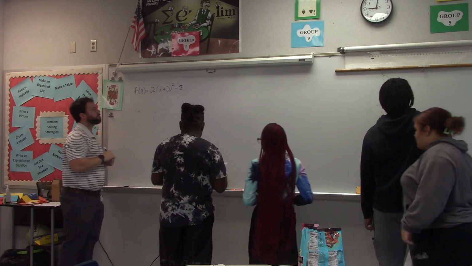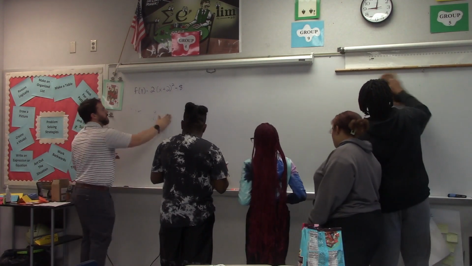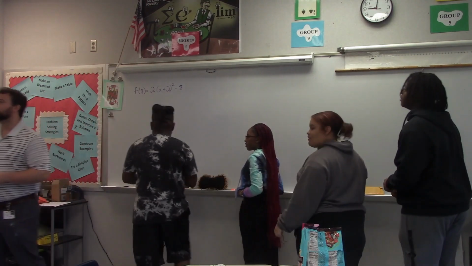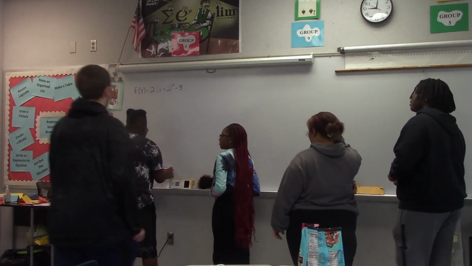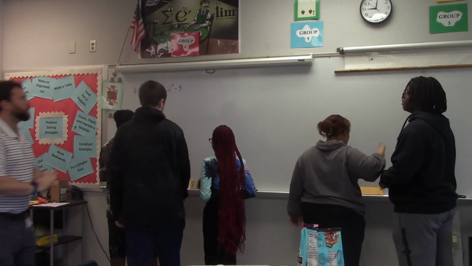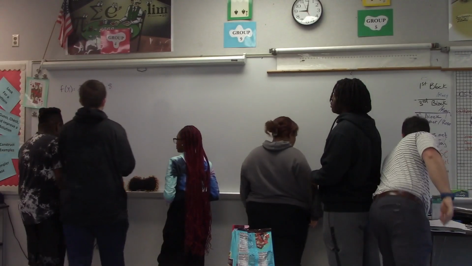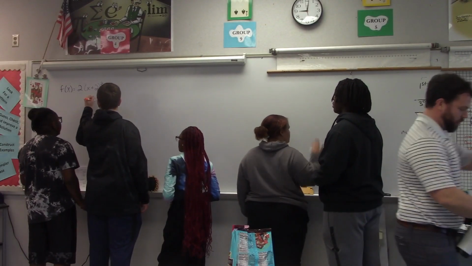Your f of x is 2 times x plus 2 squared minus 8. Same directions, all features, and go.